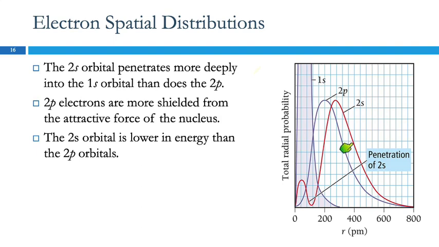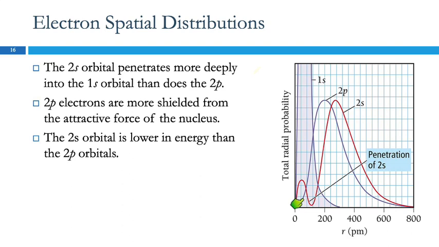For the 2s orbital, most of it is out here, further from the nucleus, but the 2s orbital has a node right here, and it does have a little part that's way in close. It's actually inside that 1s orbital. And how can those orbitals be on top of each other? Because they are waves. They can be on top of each other.